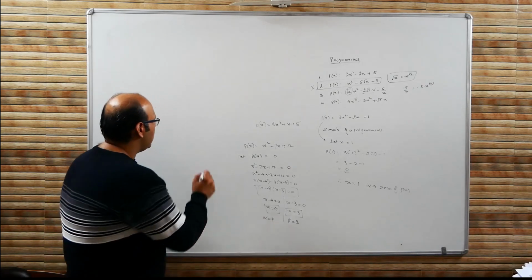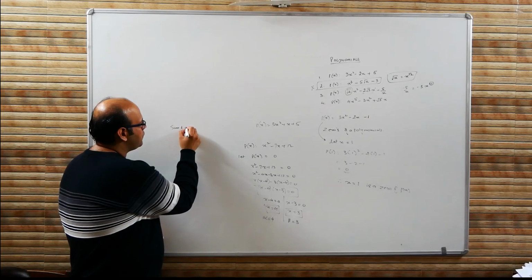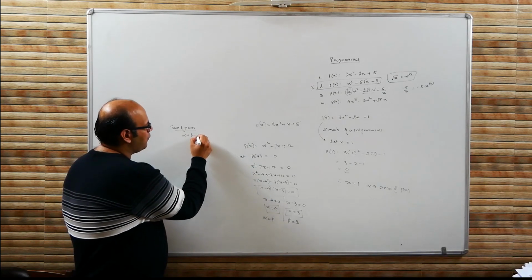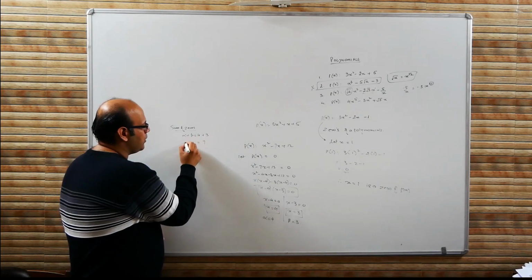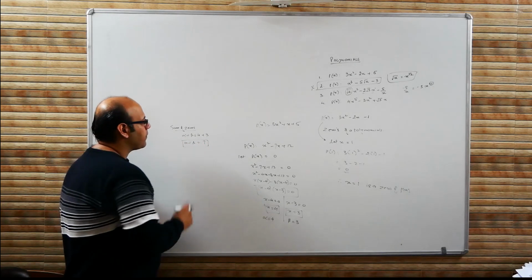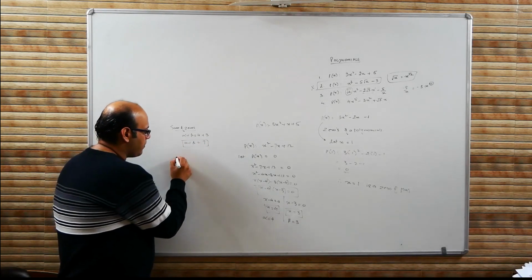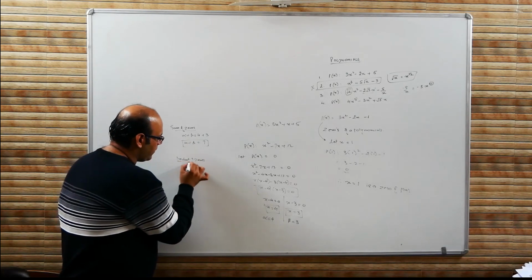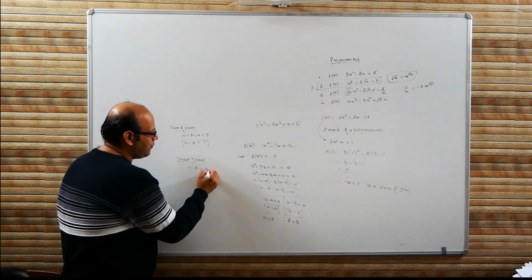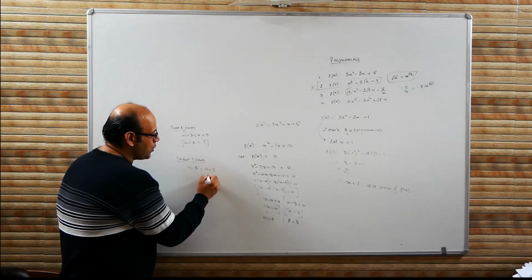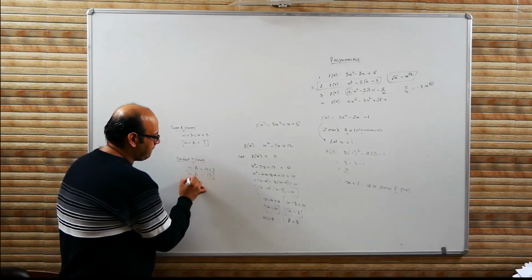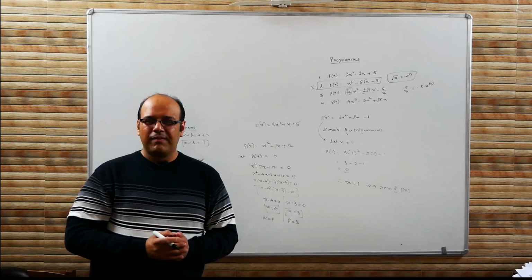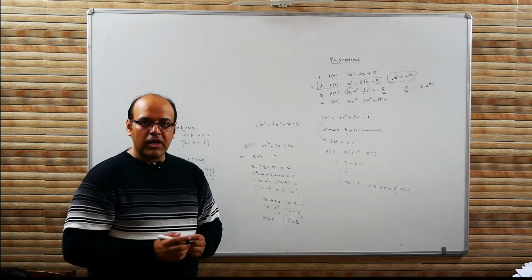I have alpha and beta. If I have to find the sum of zeros, I'll have alpha plus beta, which turns out to be 4 plus 3, which is equal to 7, right? And if I had to find the product, alpha into beta, which should be 4 into 3, which is 12, right? Okay, now why did we find this? What was the need of finding the sum and the product?